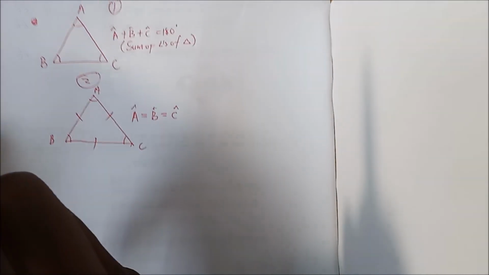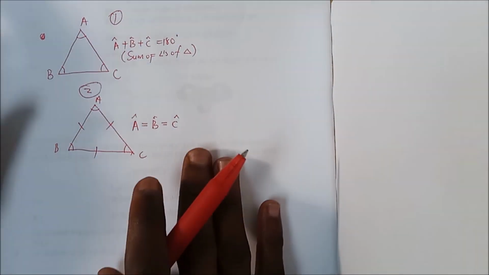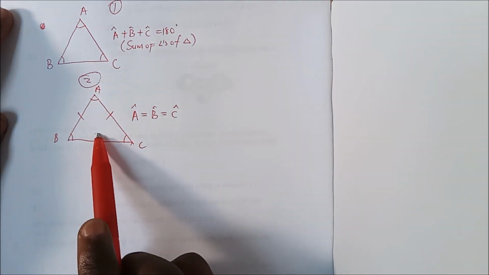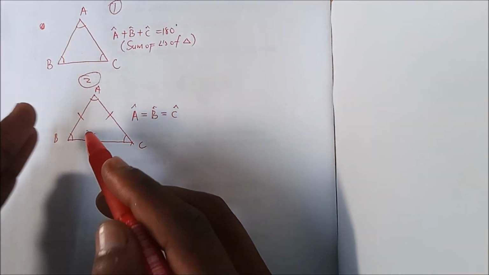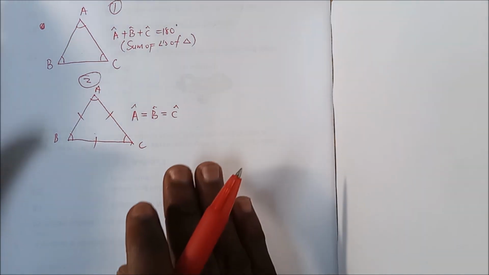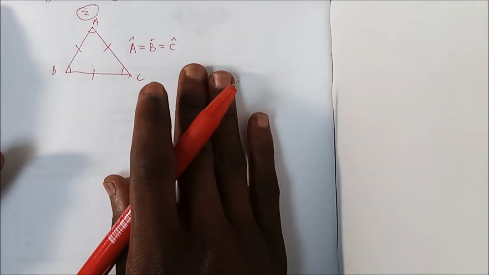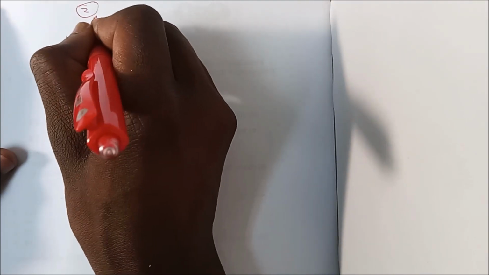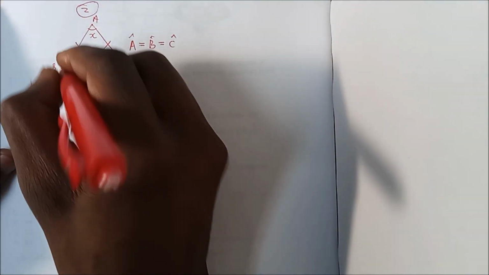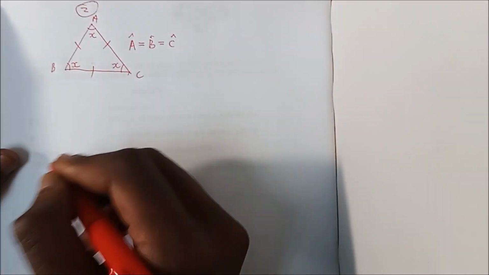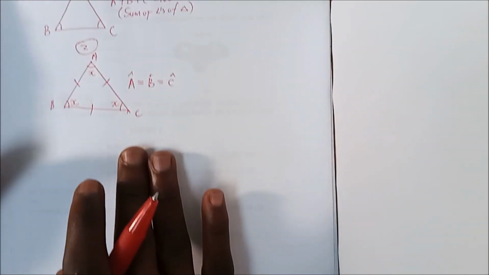So we're saying all these angles, they are equal because this is an equilateral triangle. So let's check, if this one is x, what will B be? B will be x, and what will C be? C will be x.